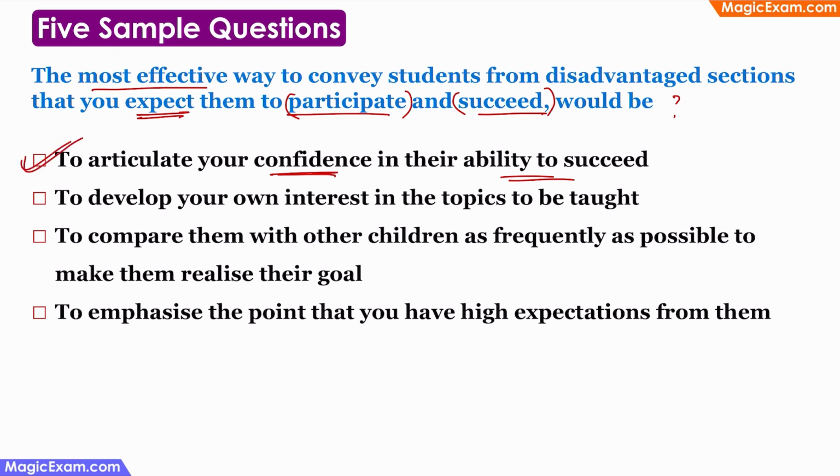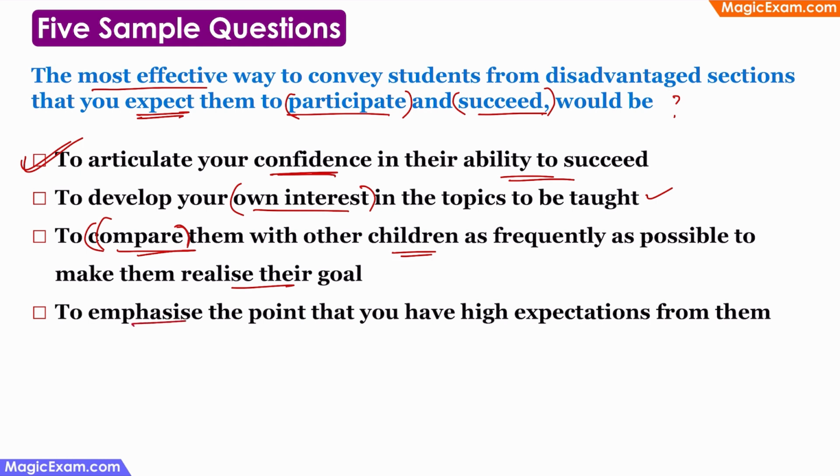If you look at the other options, to develop your own interest in the topics to be taught, this is good, but that does not help the students. It is just developing your own interest. Then comparing students or comparing children and making them realize their goal. If you are comparing them, some children are doing well, some children are not doing so well. The children who are not doing well will get discouraged. Therefore, comparing is not useful.